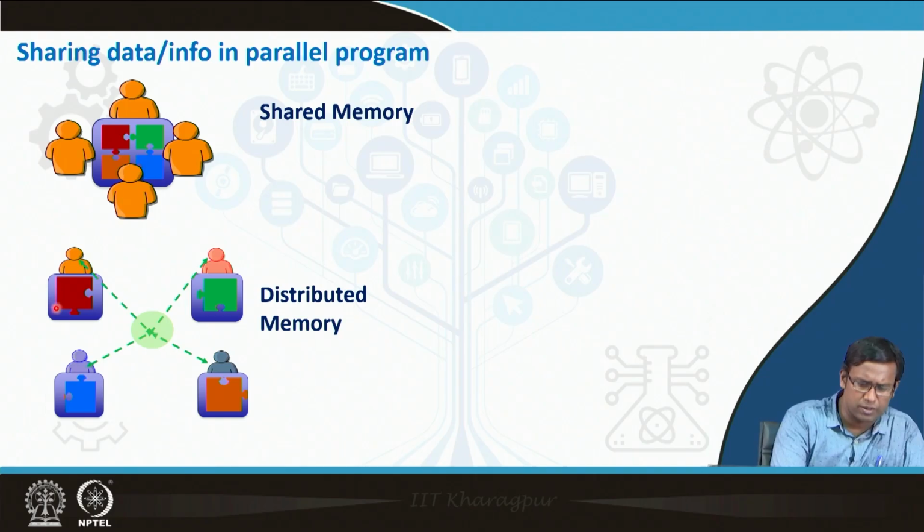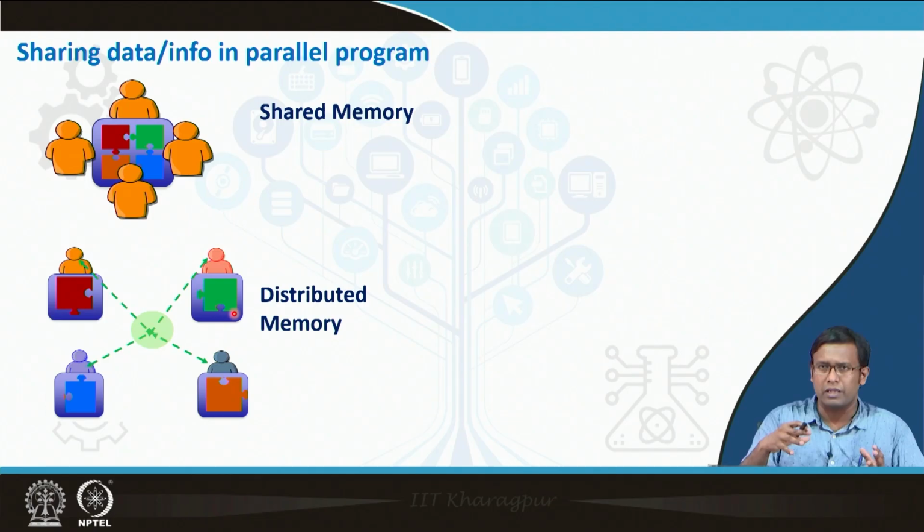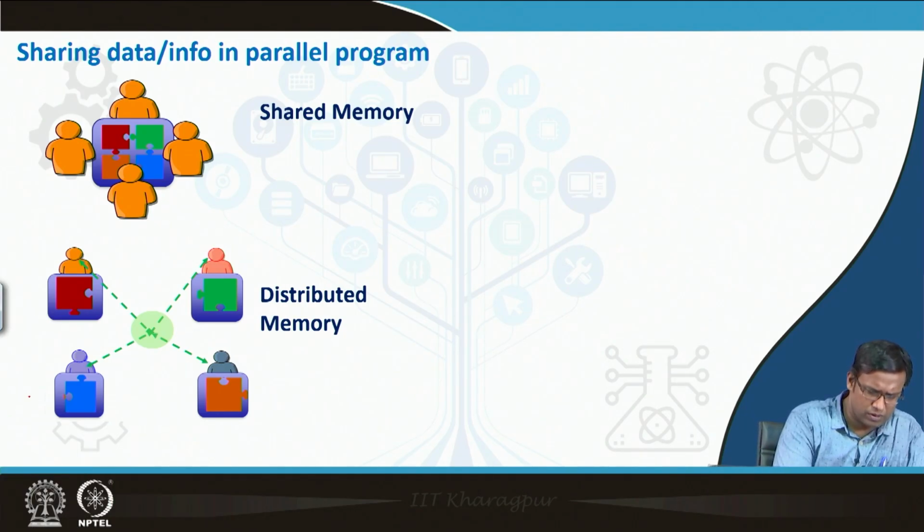In a distributed memory system, there are different processors and each has its own local data. So they are working on the local part of the puzzle. Given a puzzle to 4 different people, they are sitting at different tables and working on the local part. However, it is a single complete puzzle. So they need to communicate among themselves, and there is a network switch.